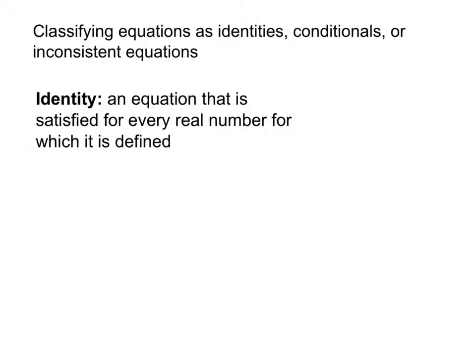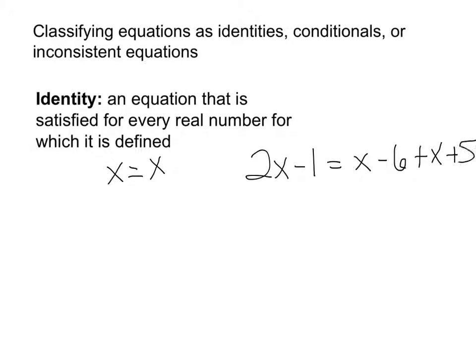Examples that we see include x equals x, or 2x minus 1 is equal to x minus 6 plus x plus 5. If you'll see on this second example, if we simplify the right-hand side of the equation, we get 2x minus 1.